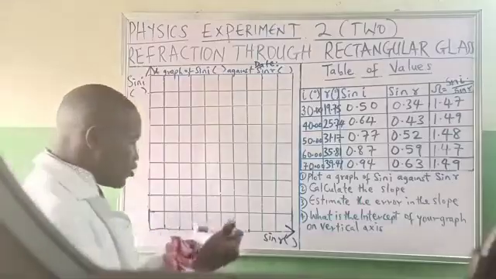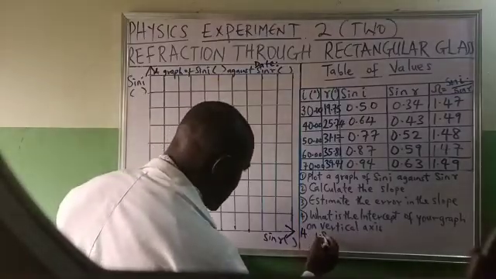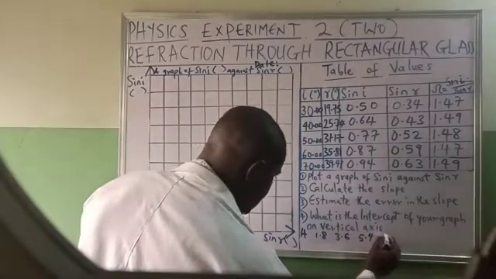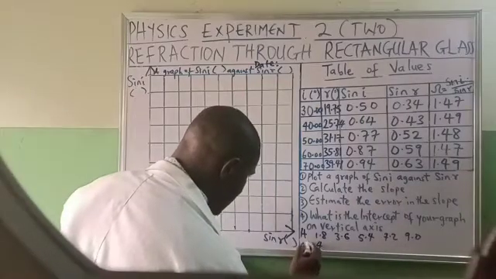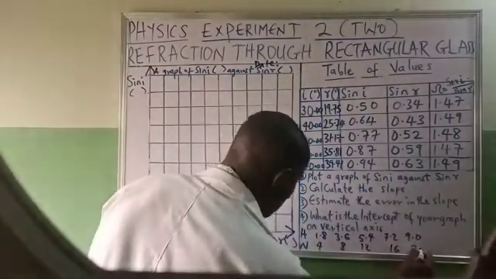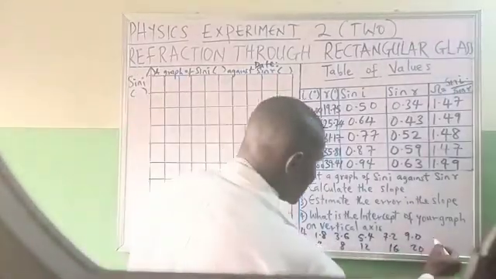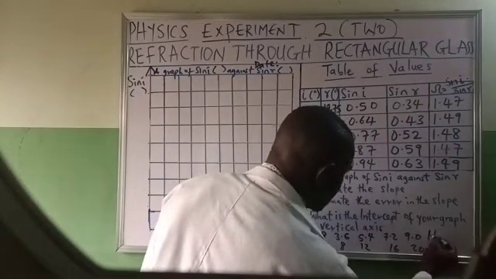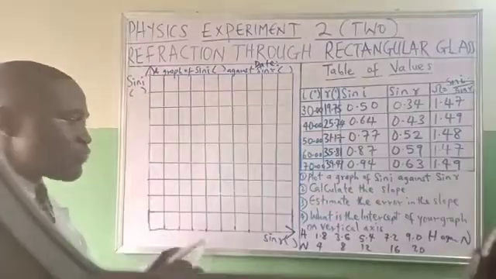Now, assuming you are given the following readings, here is H: 1.8, 3.6, 5.4, 7.2, 9.0. For here N: 8, 12, 16, and 20. Assuming that this is the reading for H and this is the reading for N, and they say H against N. Plot the graph of H against N, starting both sides from the origin.